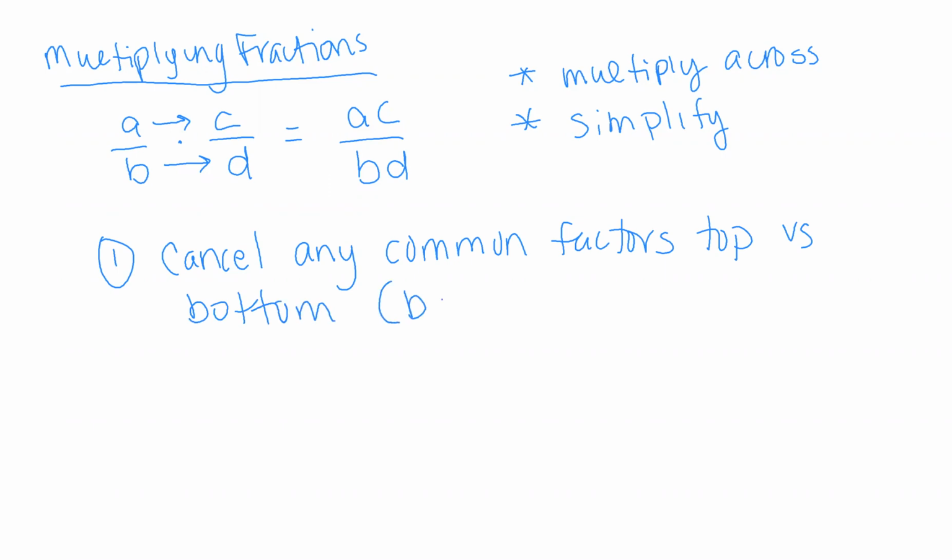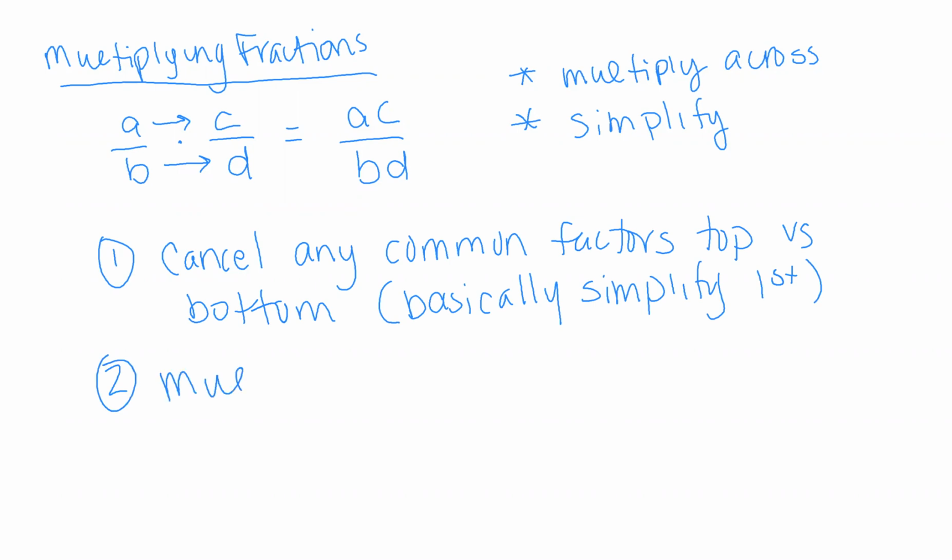So basically, simplify first. And then I tell them to multiply across. The reason for simplifying first is that you take care of that simplifying when you're dealing with the smaller numbers. It makes the simplifying easier, and it also makes the multiplying easier.